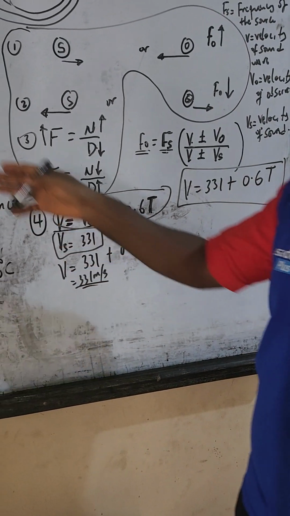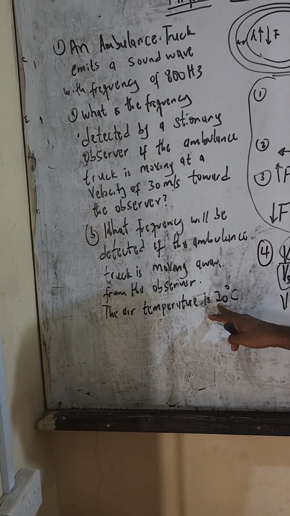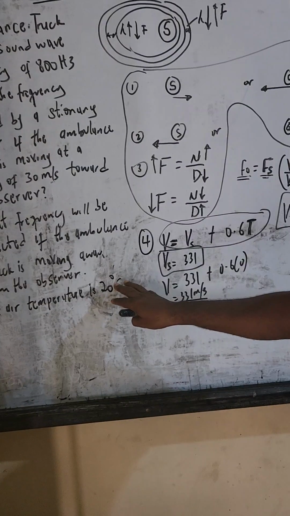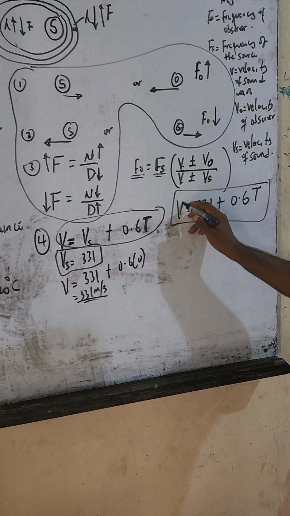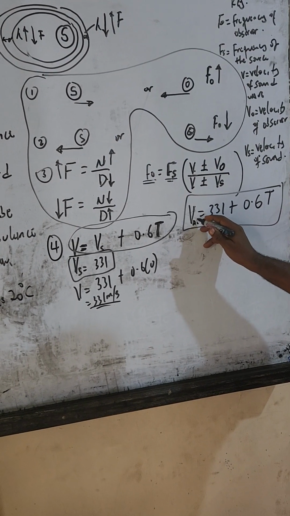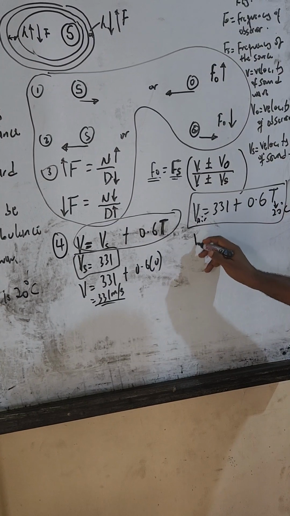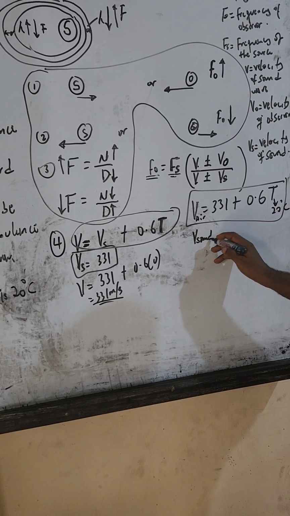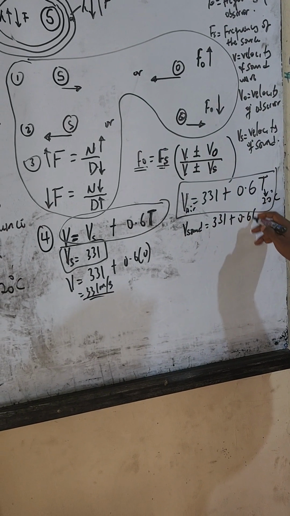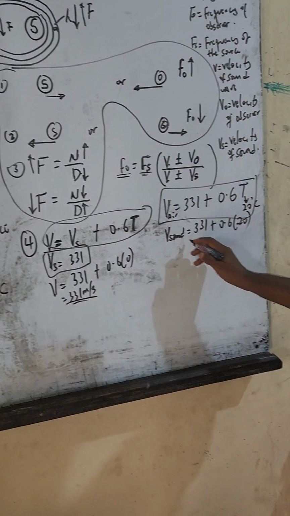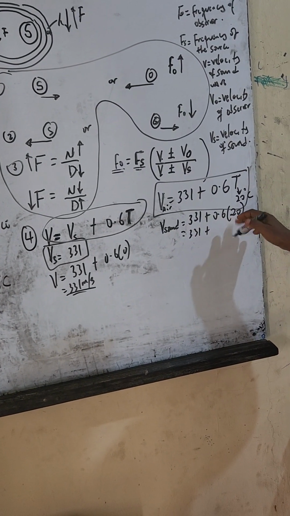Now, there is a problem we want to do here, and that problem is when the temperature of the air is 20 degrees Celsius. So let me start with the velocity of sound in the air using this relationship. At the temperature T of 20 degrees Celsius, the velocity of the sound wave in the air is going to be 331 plus 0.6 times 20. 6 times 2 is 12.